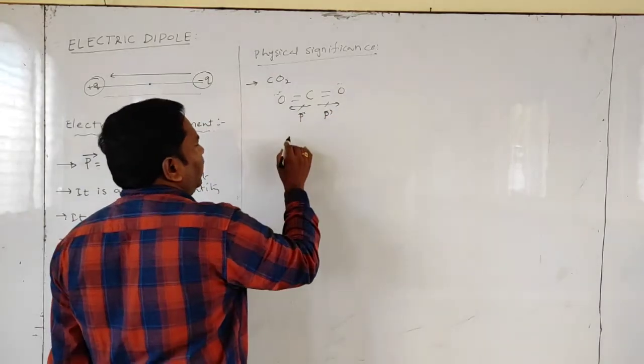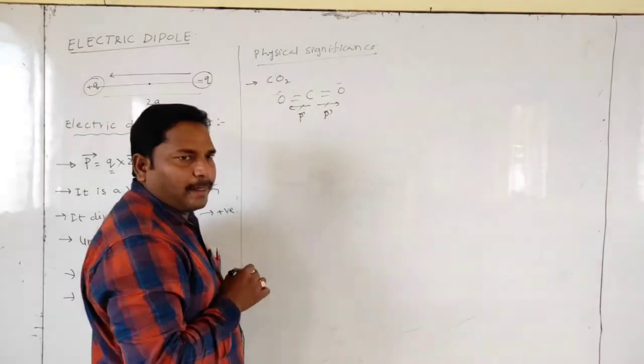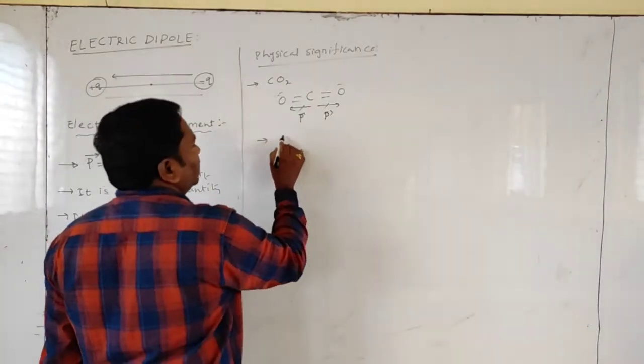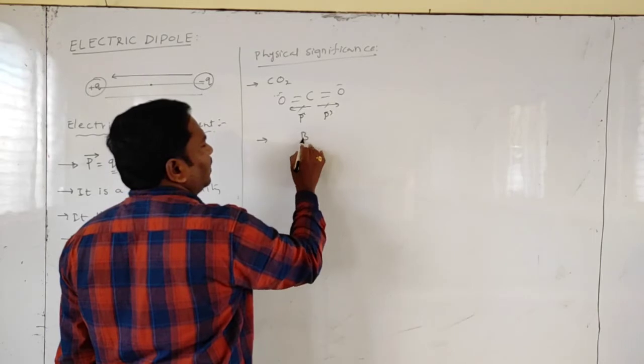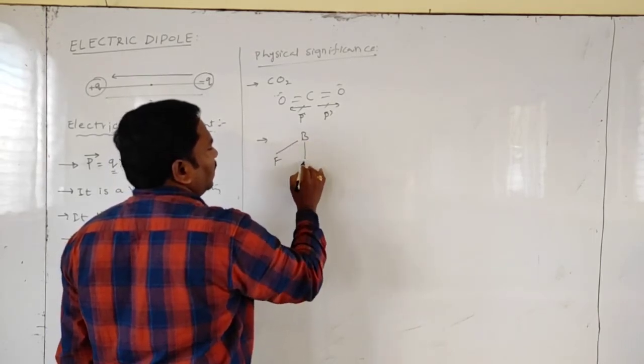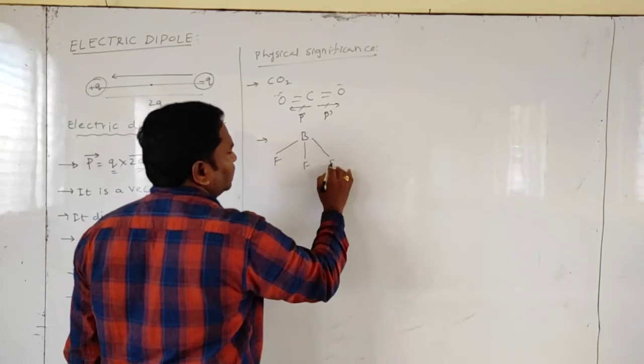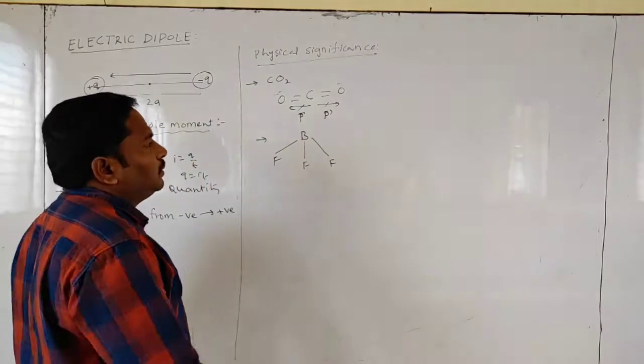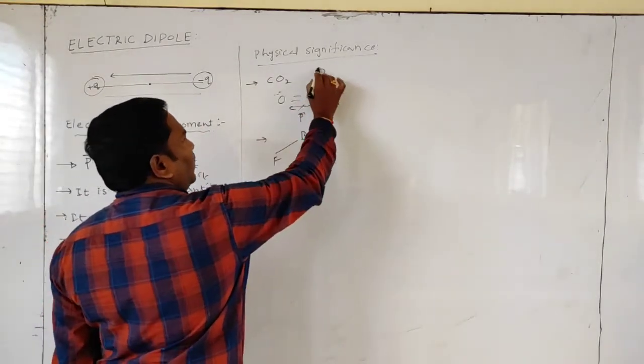BF3 also has a net dipole moment of 0. So here the net dipole moment P equals 0.